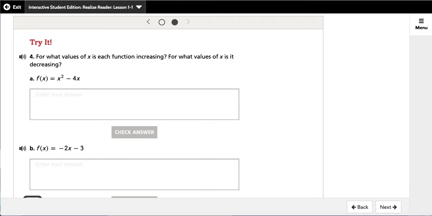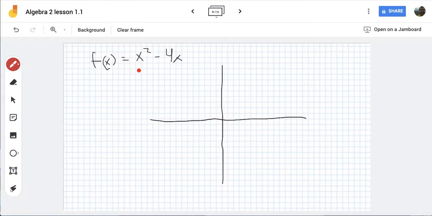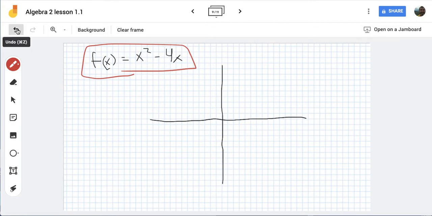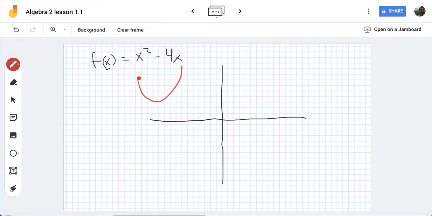I believe I have set this up right here. Now, I'd like to have the graph of this. I know it's a parabola because it's a quadratic equation, so that's helpful. It's got a positive x squared, so I know it opens upward. Now, I just have to know where this is going to be.